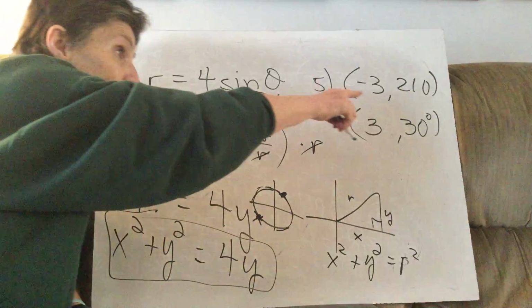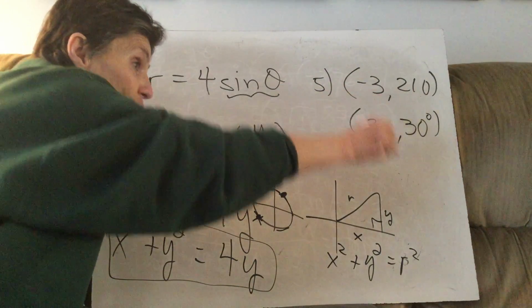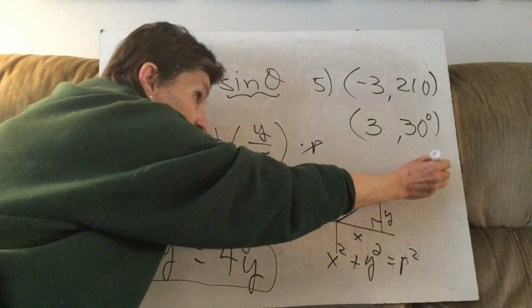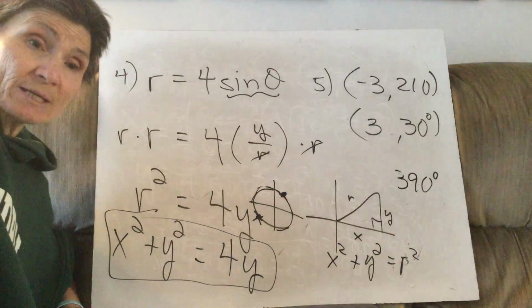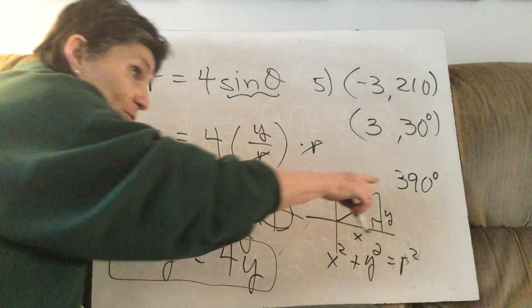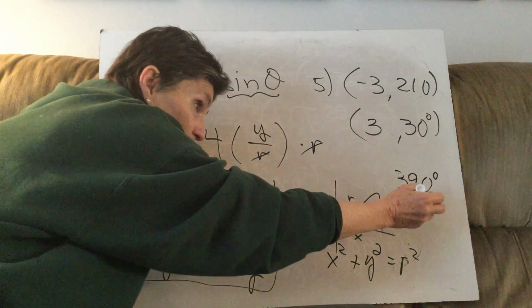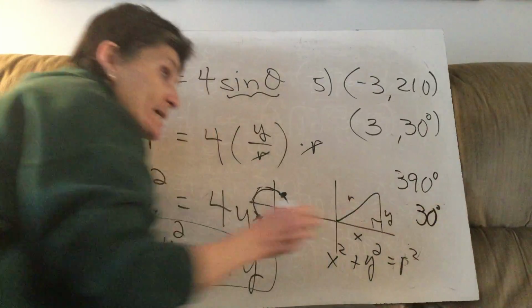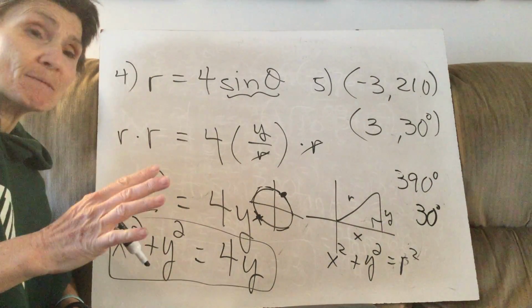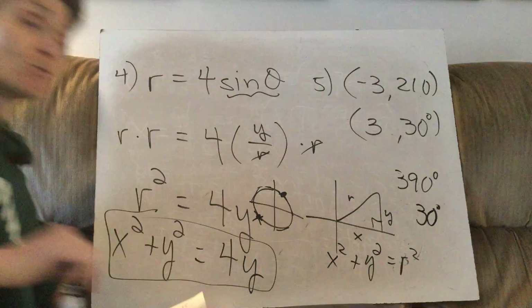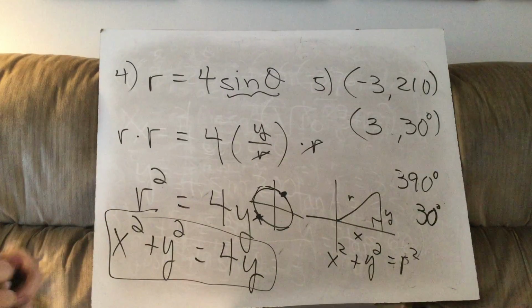You'd get 390, and you can't use an angle bigger than 360. So you'd have to subtract 360, and you'd end up with 30 anyway. It's just easier to subtract 180 to start with.